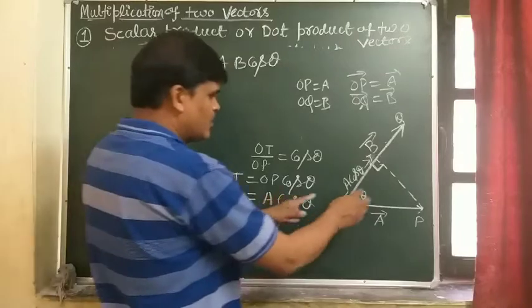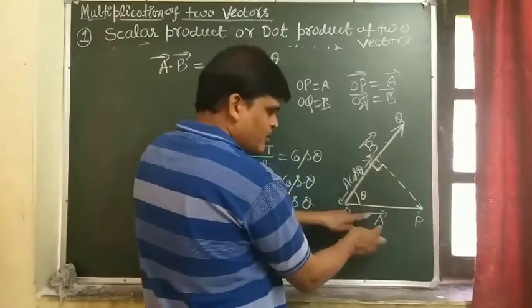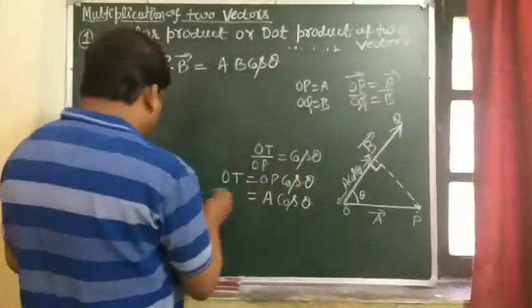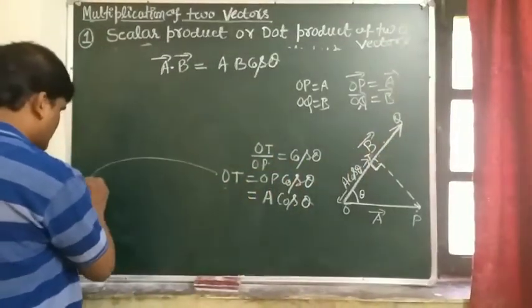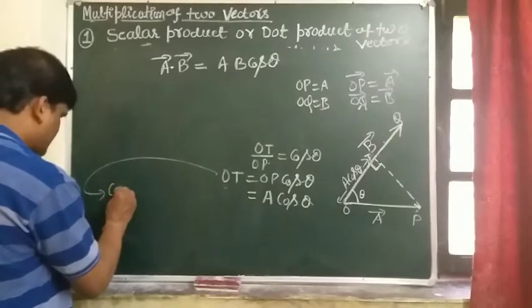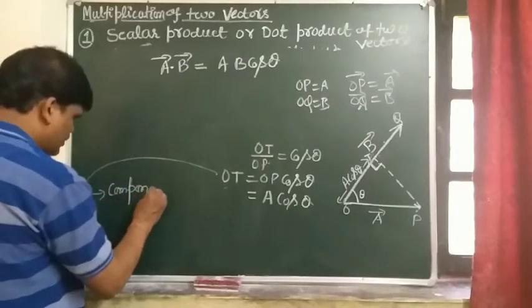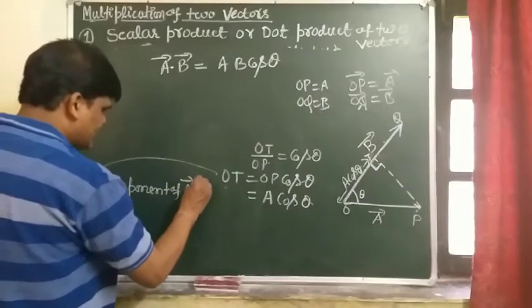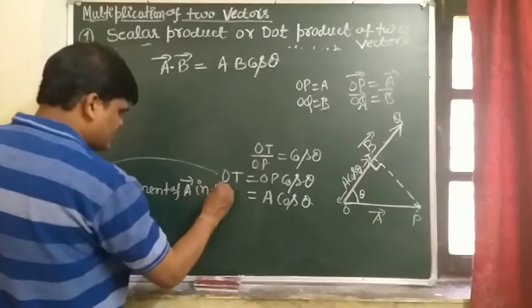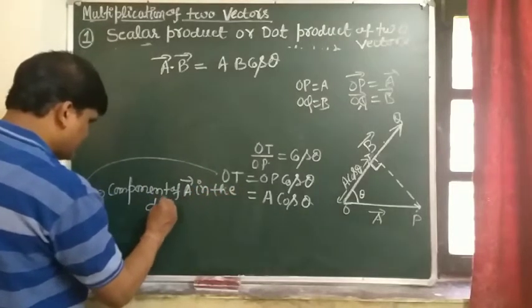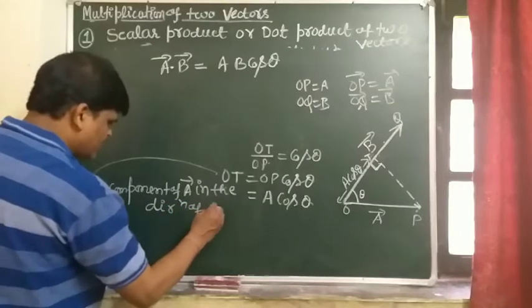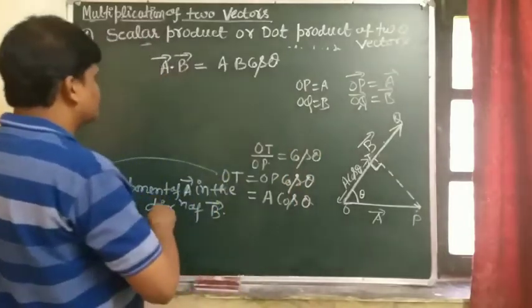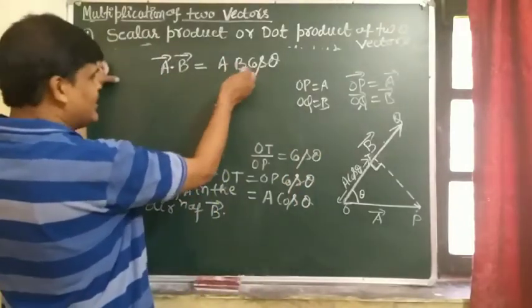OT is the component of vector A in the direction of vector B. So OT can be written as the component of vector A in the direction of vector B.